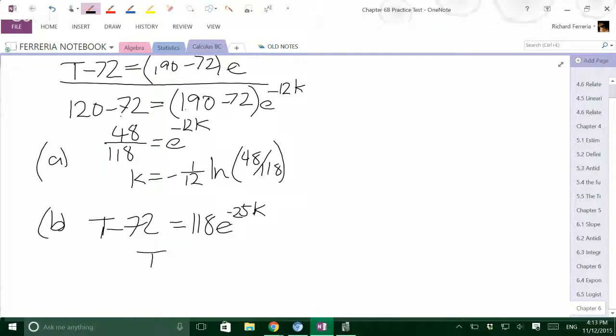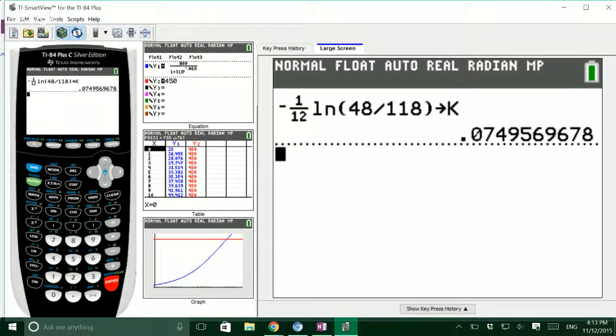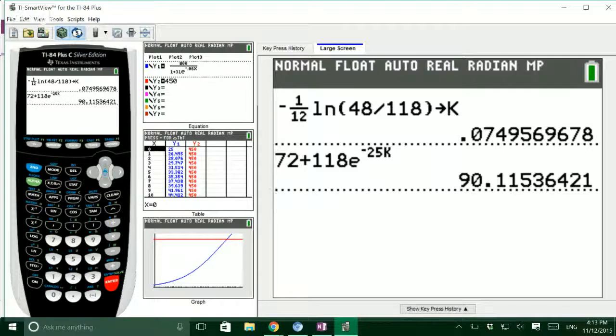T equals 72 plus 118 e to the negative 25k. So liberating to be able to type k into the calculator like this. 90.115 degrees.